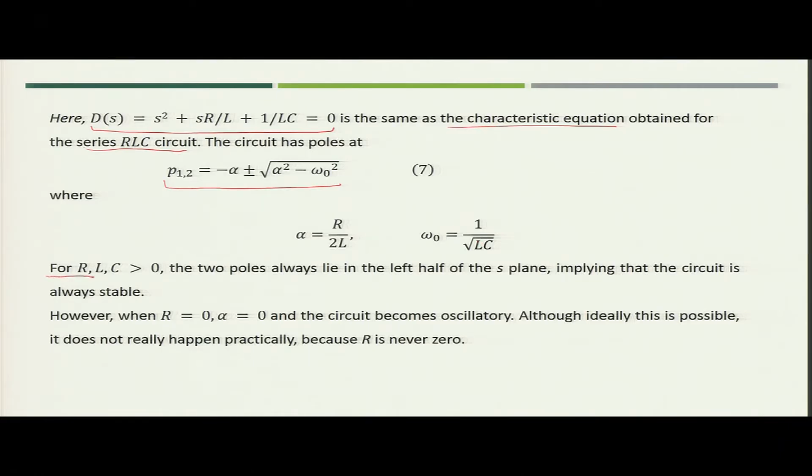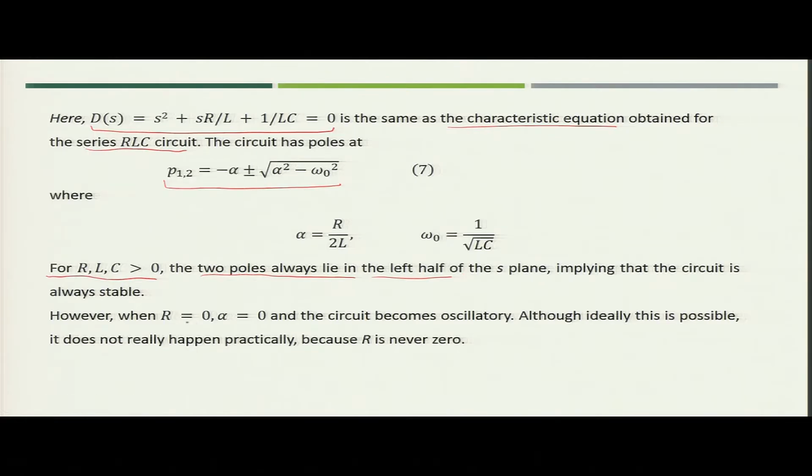Now, if R, L and C are greater than 0, the two poles will always lie in the left half plane. So, a network which contains R, L and C components will not be unstable, because the poles we get from the transfer function of the circuit will always have negative real part.